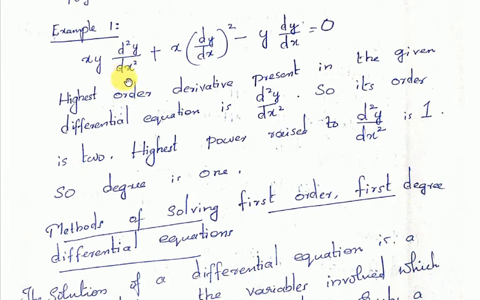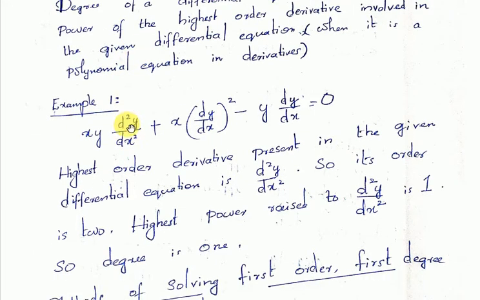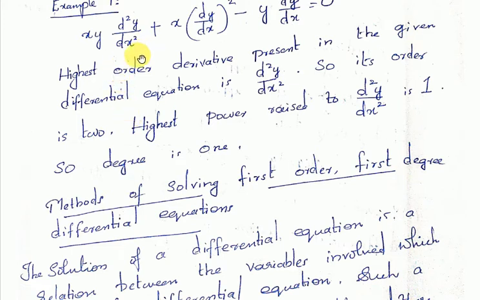The highest order derivative in this differential equation is d square y by dx square, that is of order 2, and its power is 1.